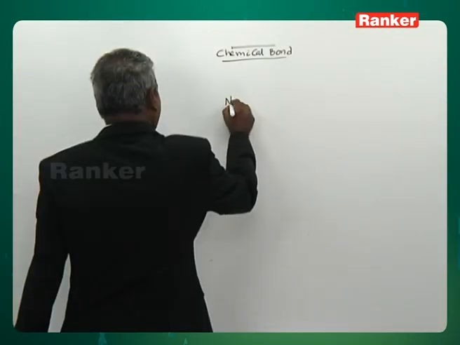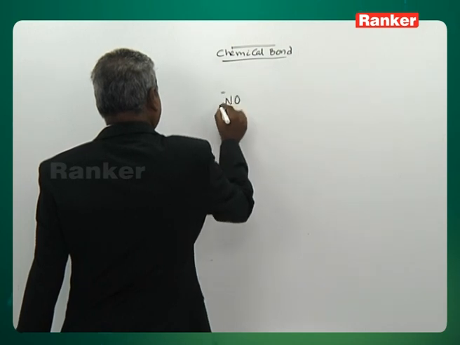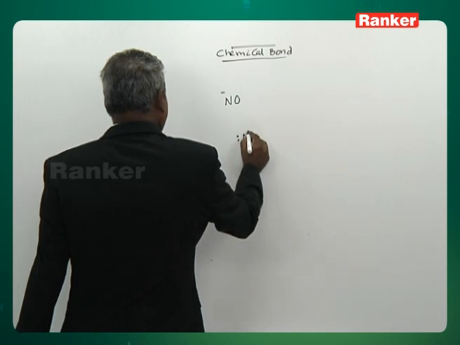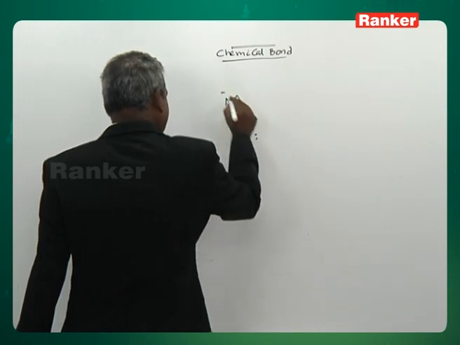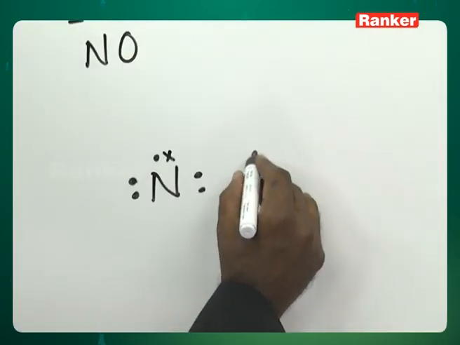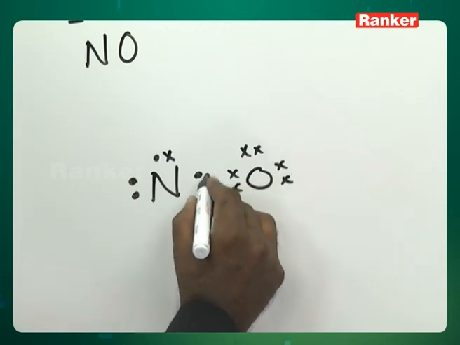Now NO minus, let us see what happens. Nitrogen 1, 2, 3, 4, 5. Suppose it is minus, it means nitrogen has gained an electron. Oxygen 1, 2, 3, 4, 5, 6 sharing.